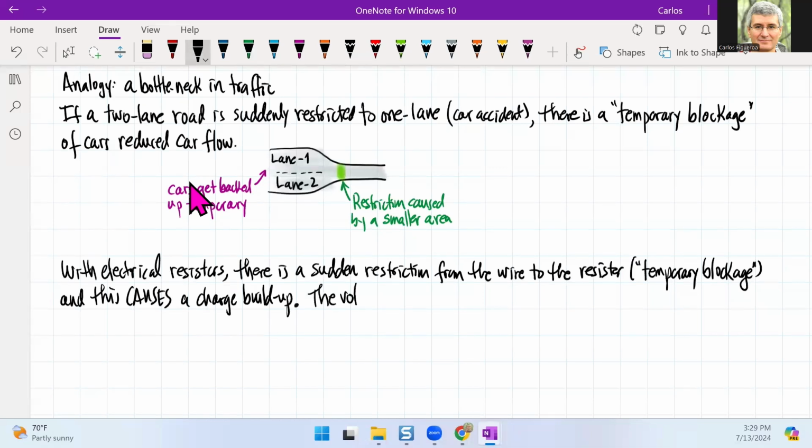The volume flow tells us about how much the drift speeds are going to change.